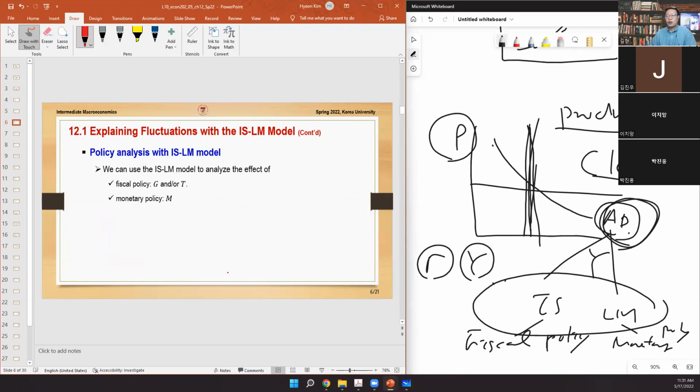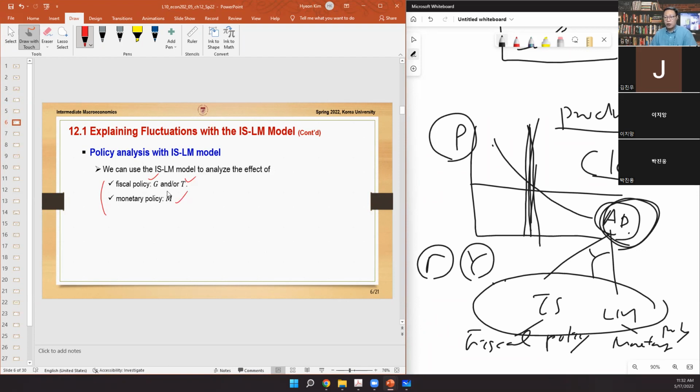Now, we would like to analyze fiscal policy and monetary policy. I'm sure you know fiscal policy means changes in government expenditure or purchases or tax, and monetary policy means we change the money supply.